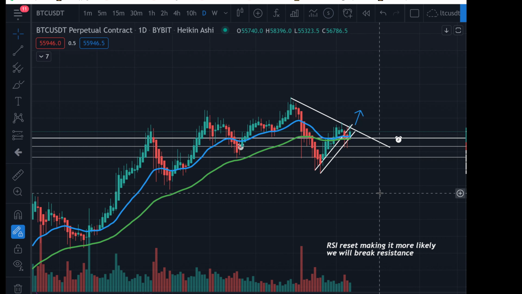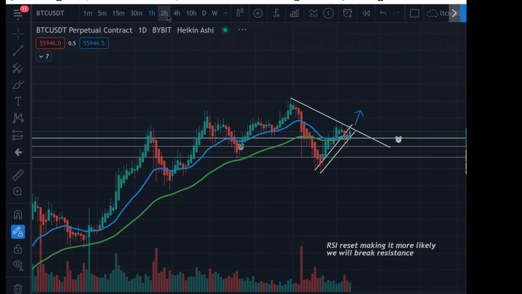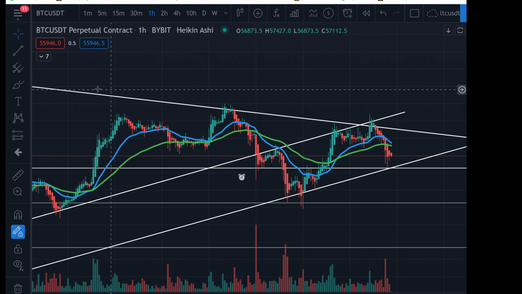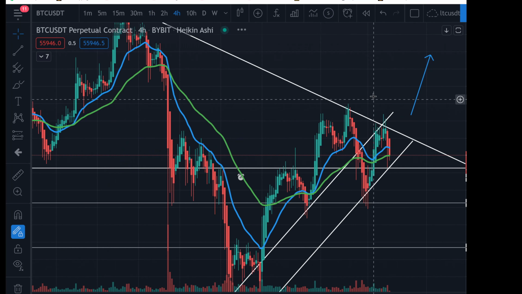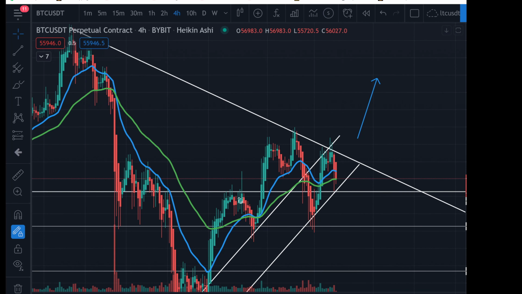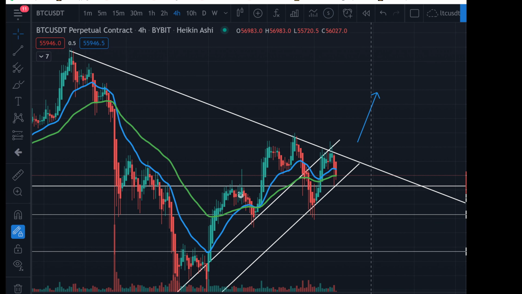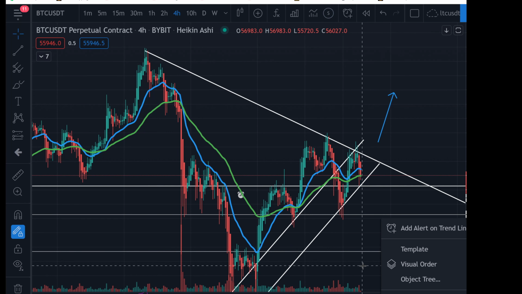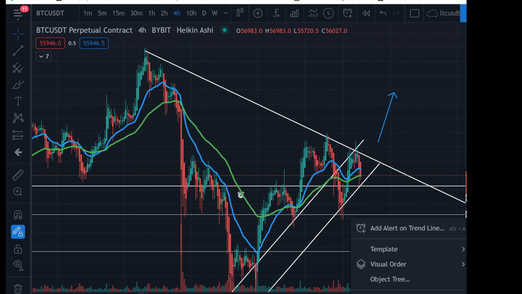If Bitcoin is up against heavy resistance, like we saw here, we see this trend line going down from here to here. We see it's up against heavy resistance, plus, oops, let me delete this for you guys.